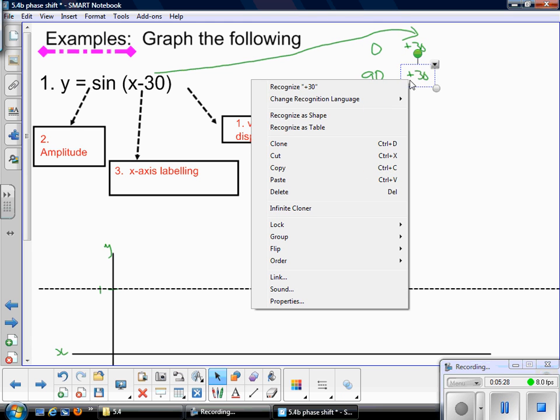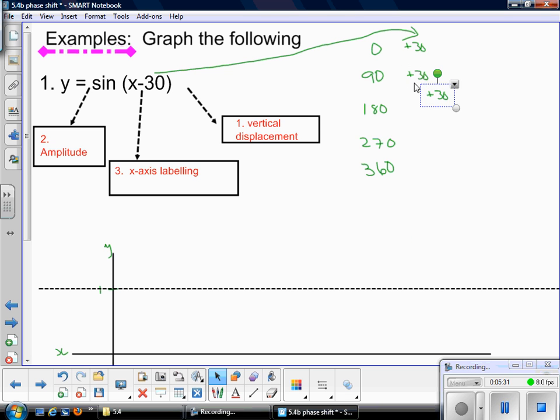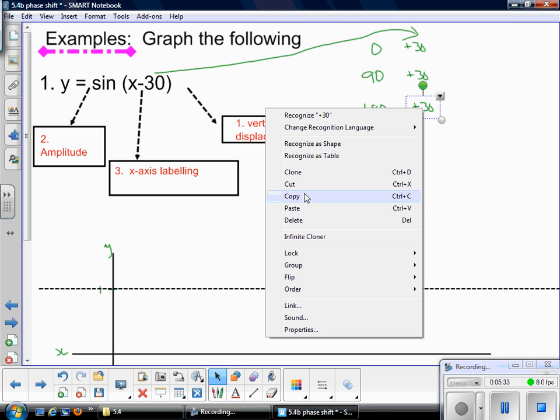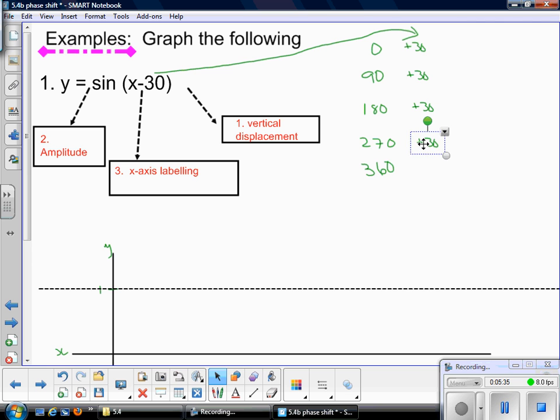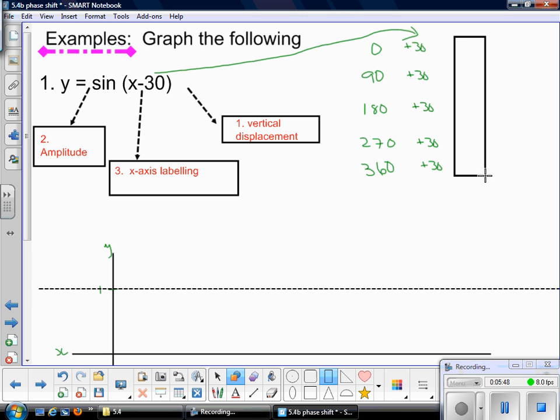Okay, and by doing that, I have created my new important values. So what I'm going to create here are the values that I truly want to graph on my x-axis. So you can see 0 plus 30, well, that's 30. Then I have 120. I have 210.